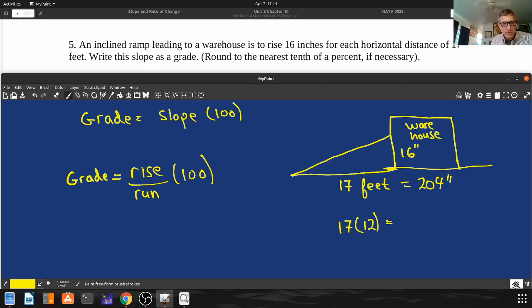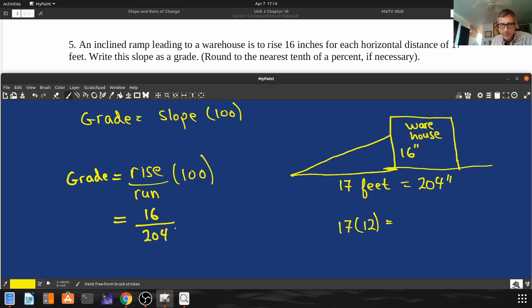I think I normally catch this when I teach it in class. The point is everything has to be in the same unit. So my rise over run is equal to 16 inches over just 204 inches.